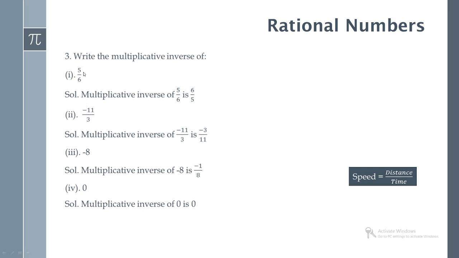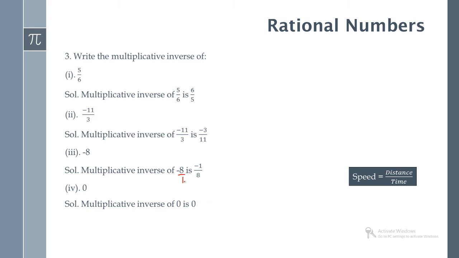For example, the multiplicative inverse of 5 by 6 is 6 by 5. Multiplicative inverse of minus 11 by 3 is minus 3 by 11. The signs are not changing, only the numbers are reversed. Now the multiplicative inverse of minus 8 is minus 1 by 8. Why is it so? Because minus 8 by 1, if a single digit is there, that means the denominator value is 1.